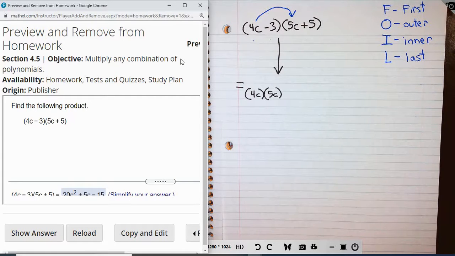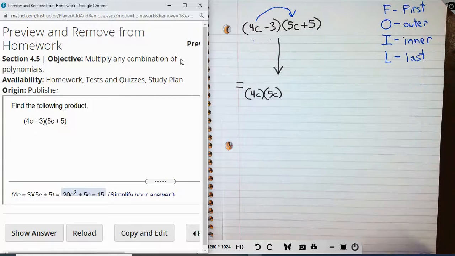I showed you a really long example of breaking it down specifically, and it can be a little bit overwhelming, and when you write too much, it does kind of foster mistakes. But I'm going to go backwards and break everything down individually here. So what we have there is 4c times 5c.